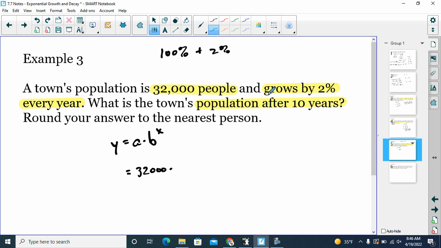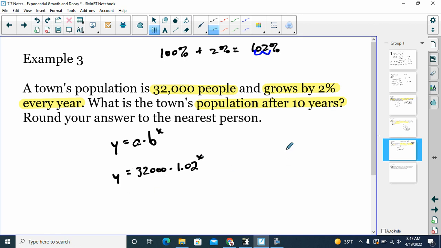We are adding because it's increasing, it's growing, to give me 102%. We don't want to put 102 in. We need to change that percentage to a decimal. The decimal point right now is right there, and we're going to move it 2 places to the left. So our B value should be 1.02.